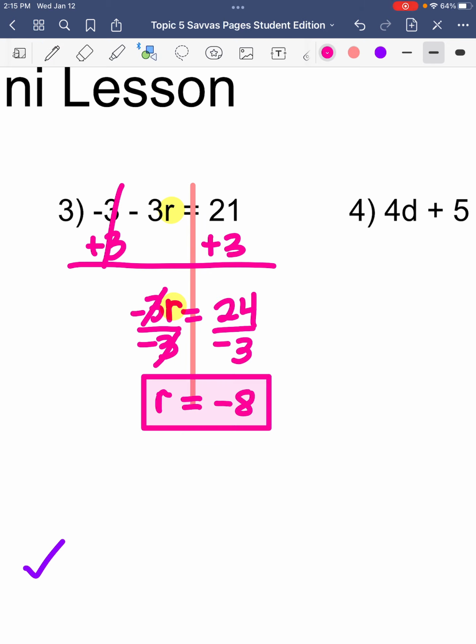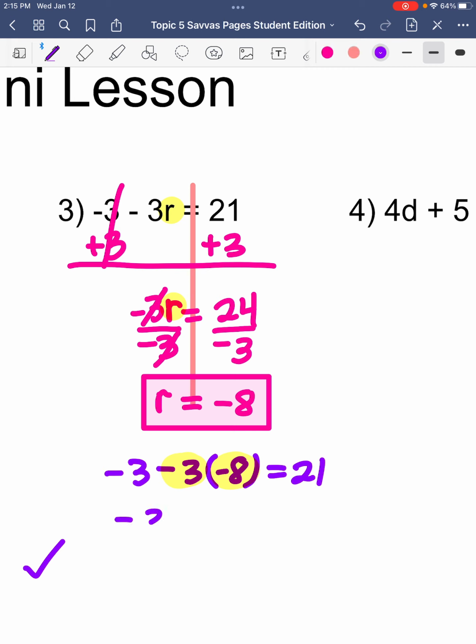That is my solution. Again, we can always check our solution by plugging it in. So we have -3 minus 3 times -8 equals 21. Okay, so let's start with this multiplication here. -3 times -8. A negative times a negative is a positive.